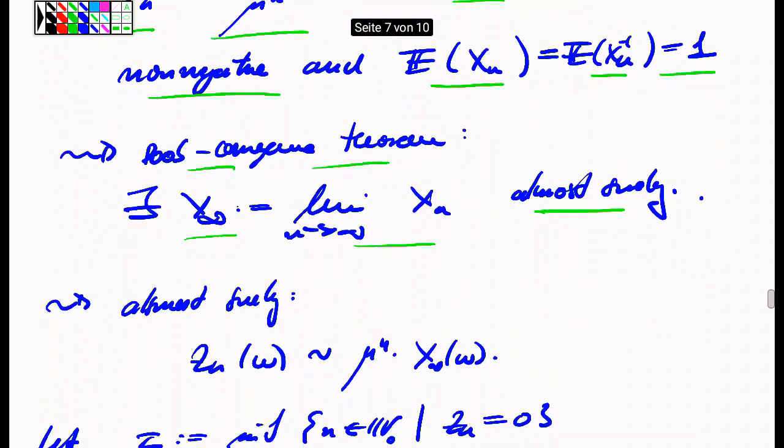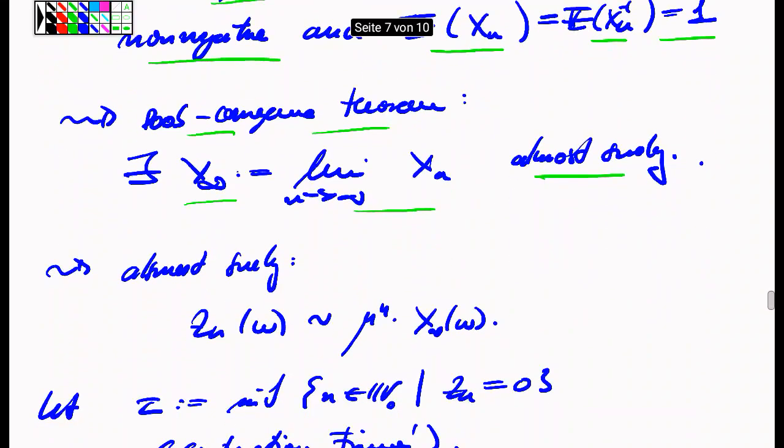This in other words means that this Zn process, which is the Xn but without the mu^n denominator, behaves like mu^n, like an exponential process, and the constant of the exponential behavior is this X infinity random variable.